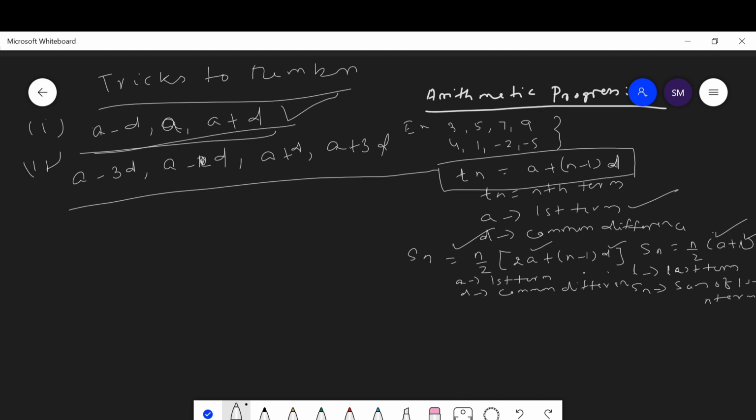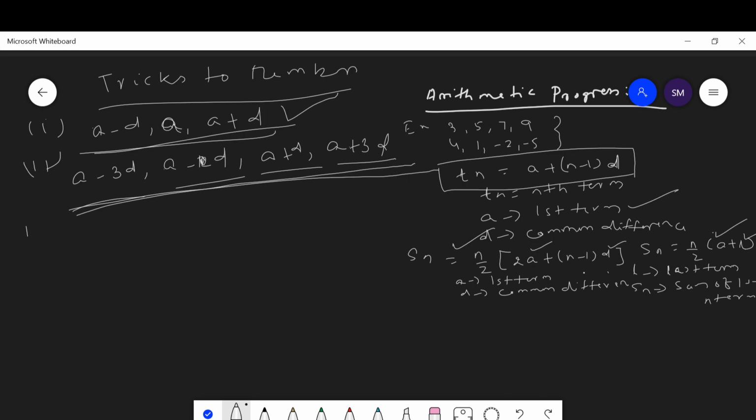Just remember these tricks, as they will be applicable in the next problems. When you add them, plus 3d and minus 3d cancel, d cancels, and then you can easily get the value of a.